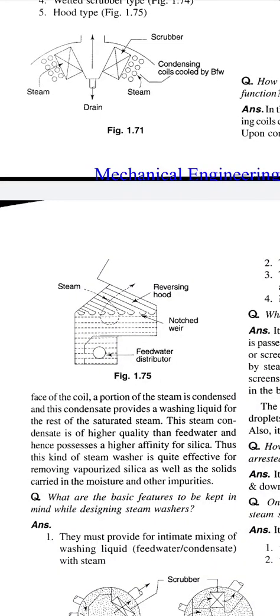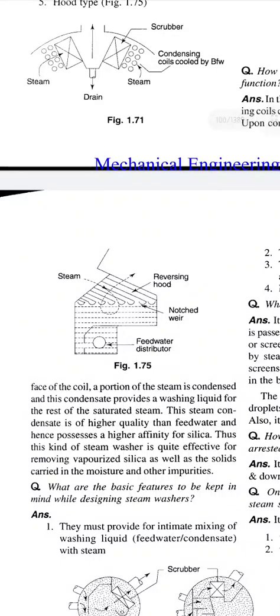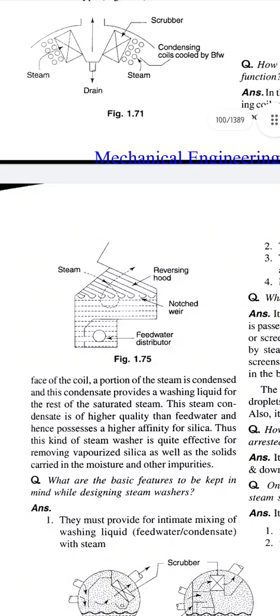The steam condensate is of higher quality than feed water, and hence possesses a higher affinity for silica. Thus, this kind of steam washer is quite effective for removing vaporized silica as well as the solids carried in the moisture and other impurities.